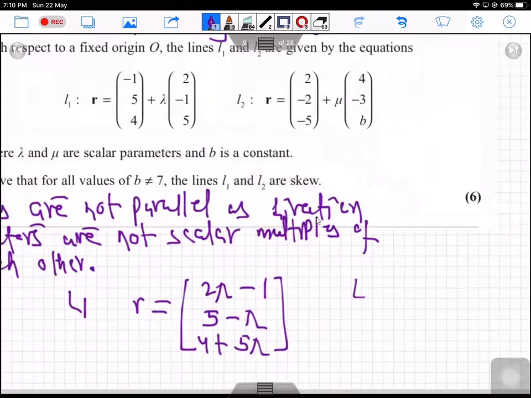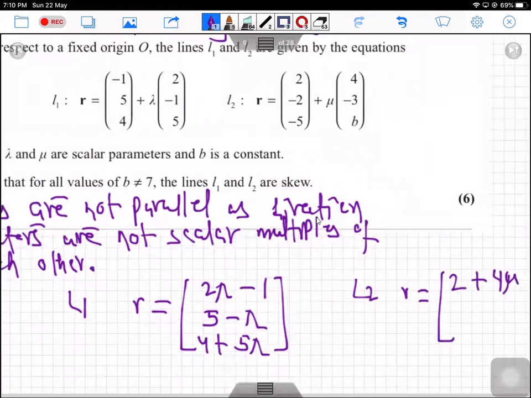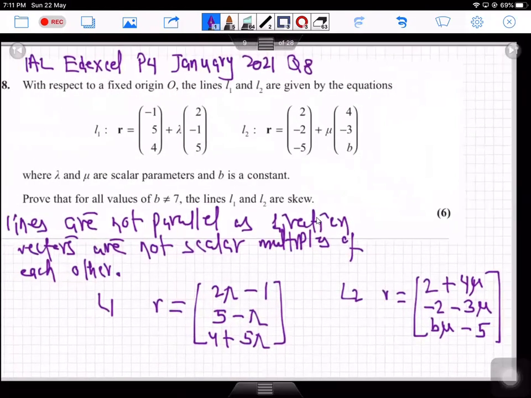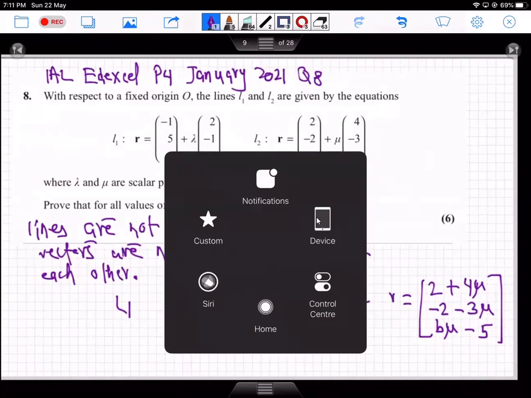And L2 equation is supposed to be r equals (2 plus 4 mu, minus 2 minus 3 mu, b mu minus 5), or you can say minus 5 plus b mu, both mean the same.